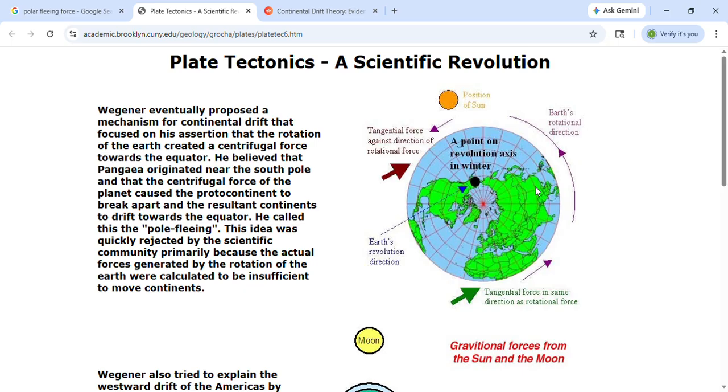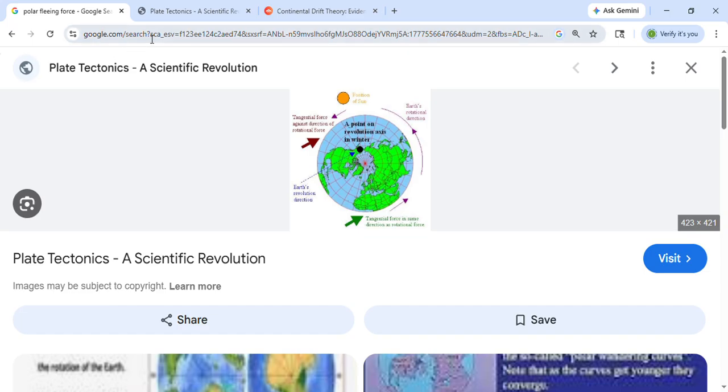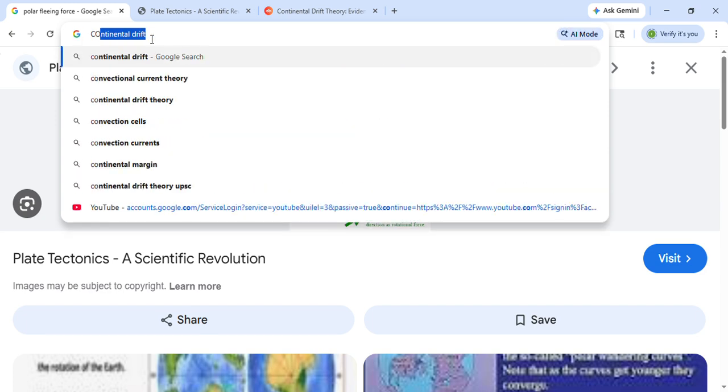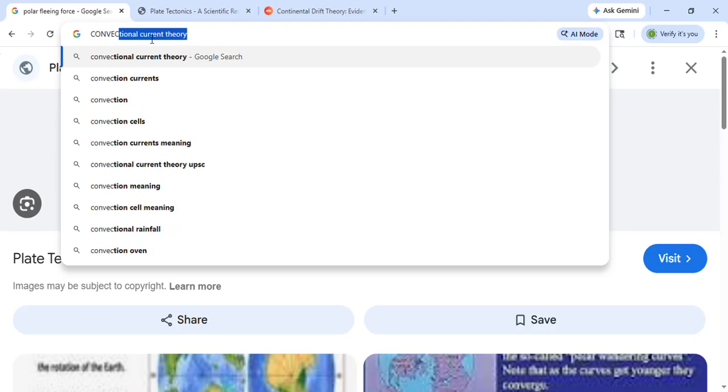So the next question: how did Arthur Holmes refine the understanding of what moves the continents? We learn about the theory of Arthur Holmes, the convectional current theory.